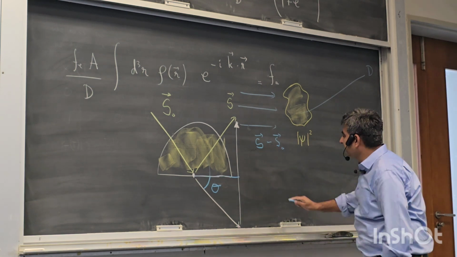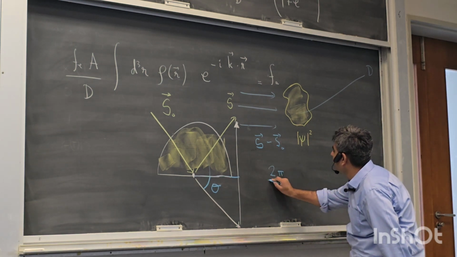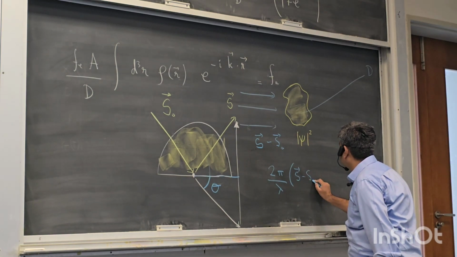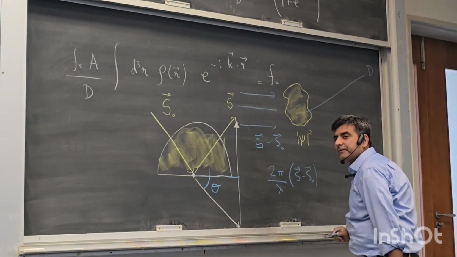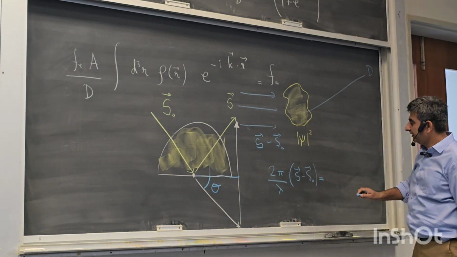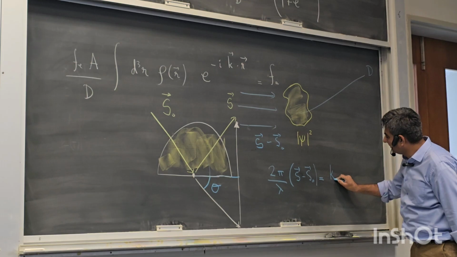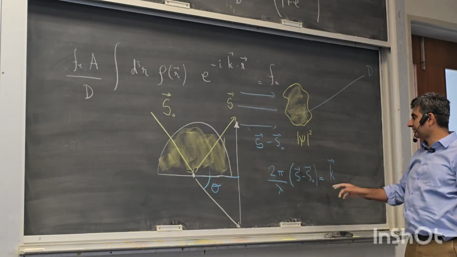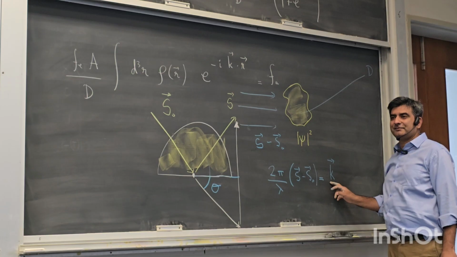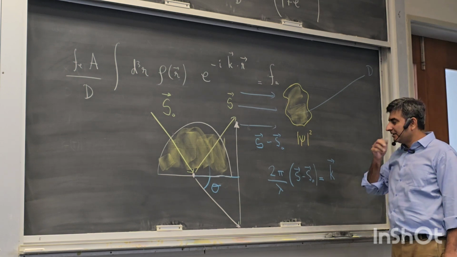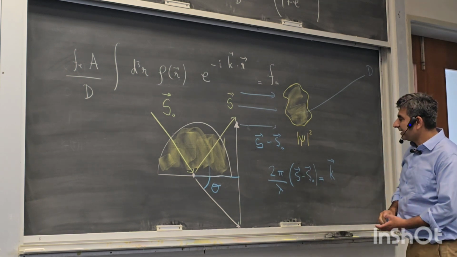So if I multiply 2 pi over lambda with S minus S naught, I will get my k, which is the direction in which my radiation is scattered.